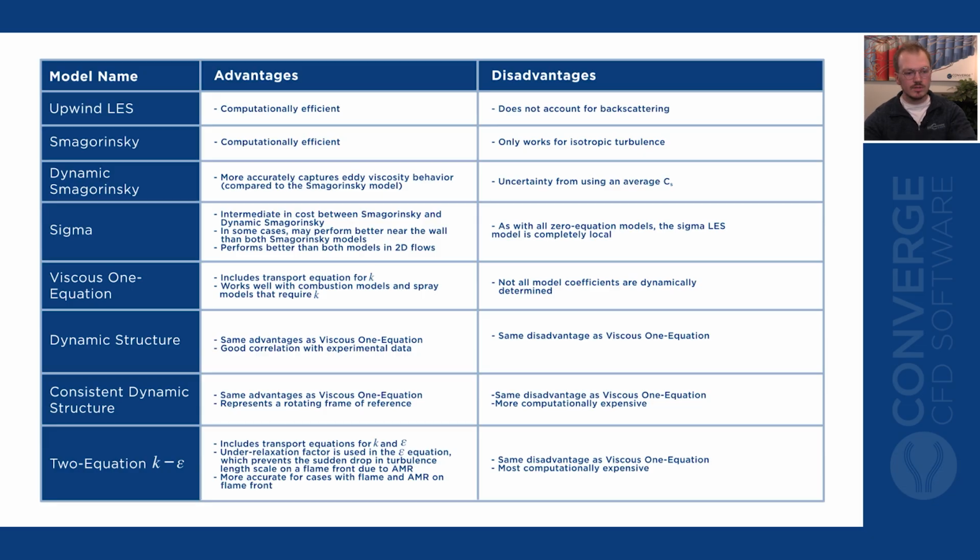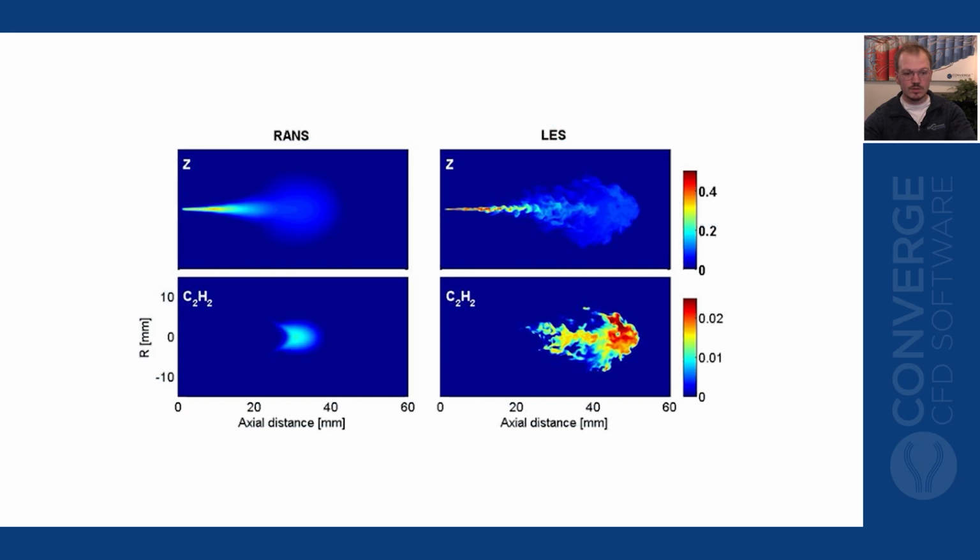When deciding whether to use a RANS or an LES model, you should consider the trade-off between accuracy and computational expense. RANS is computationally less expensive compared to LES, but may lack accuracy in predicting turbulent flow details. LES, being more computationally intensive, provides better accuracy in resolving turbulent flow structures.